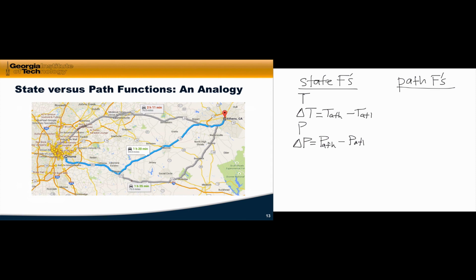Well, one is listed right there on the slide, the time required. The time required for the trip is a path function. The distance is a path function. We see 3 different distances for these 3 different paths. And if the time and distance are path functions, well then of course the gasoline required is an example of a path function. All 3 of these depend on the specific path that we've taken to get from Atlanta to Athens.